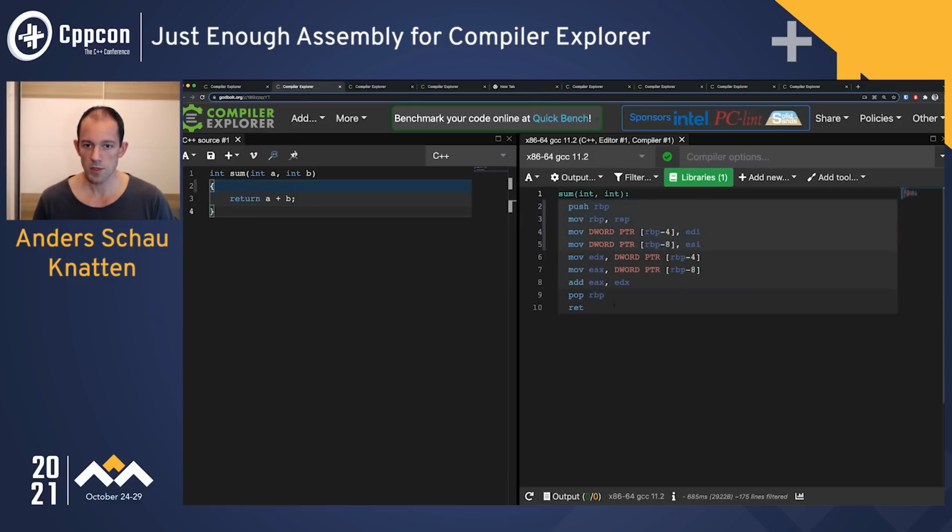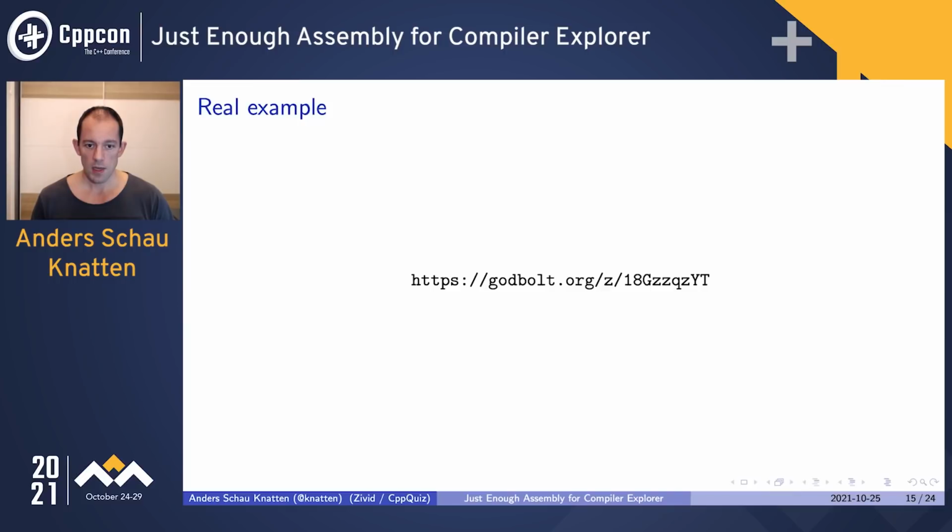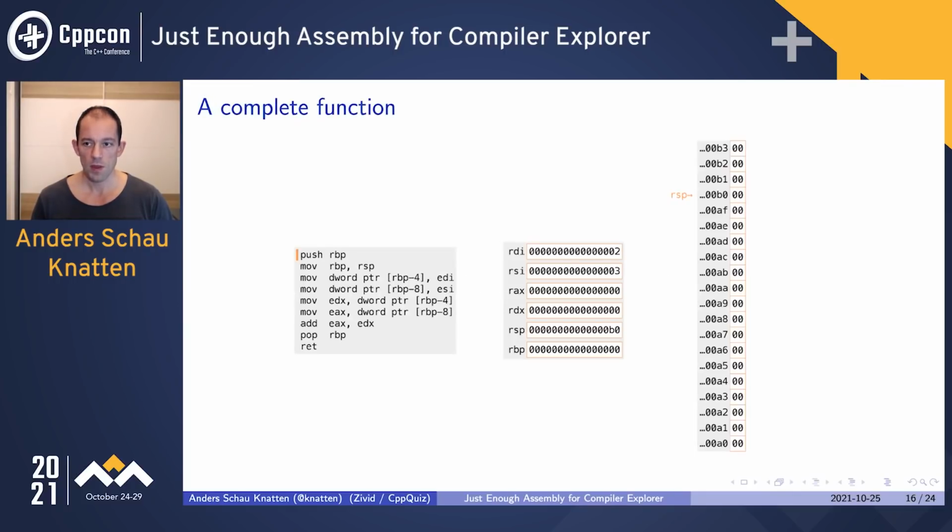So here is what GCC 11.2 decided to generate for the sum function. If we go back to our slides again and copy all of that in here, this is exactly the code that was generated on Compiler Explorer by GCC.